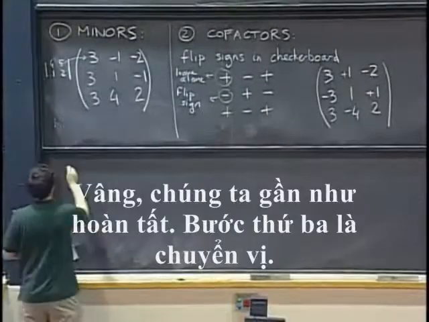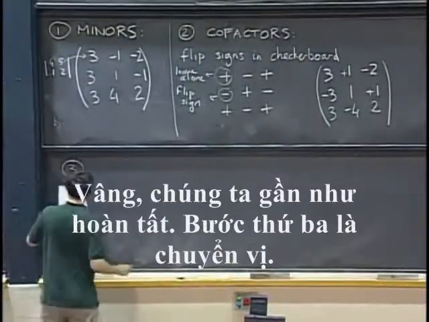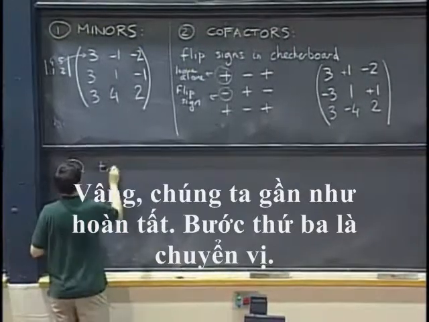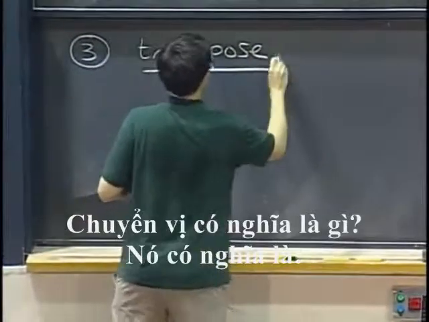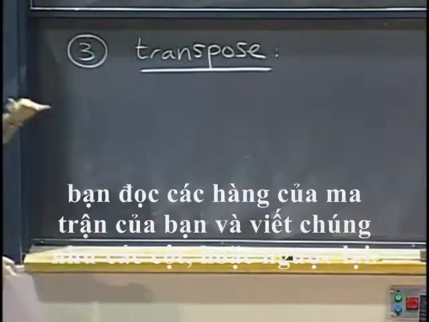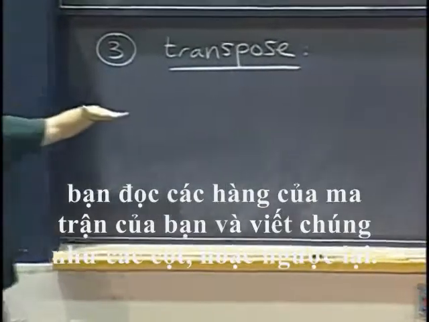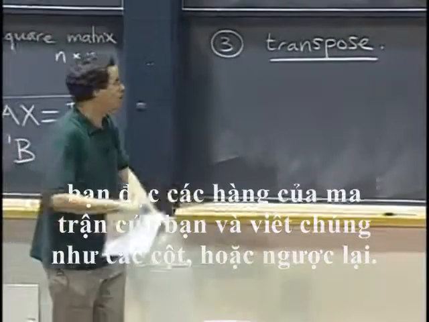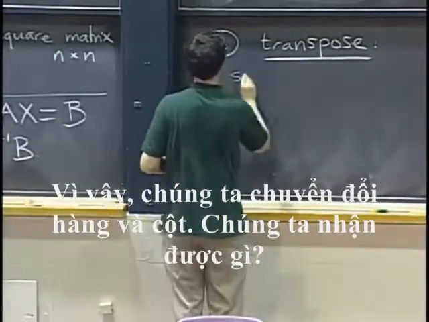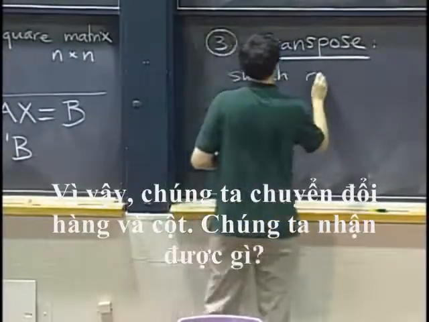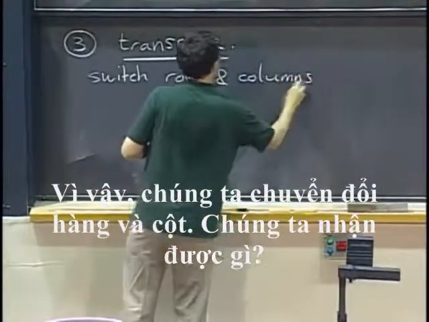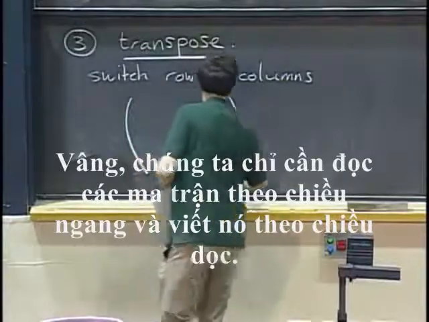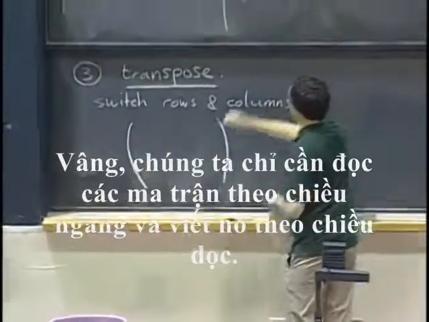We're almost done. The third step is to transpose. What does it mean to transpose? It means you read the rows of your matrix and you write them as columns, or vice versa. We switch rows and columns. So what do we get? Let's just read it horizontally and write it vertically.